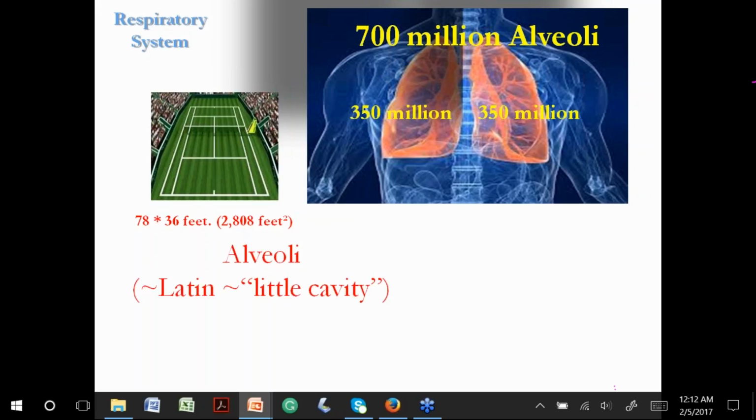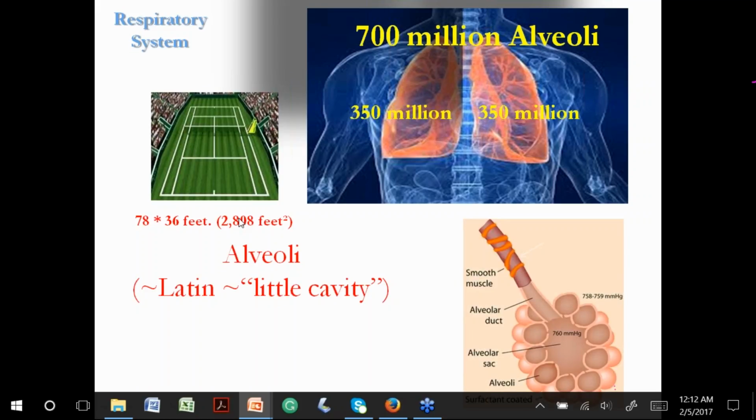Alveoli, in Latin, means little cavity, and the alveolus is the functional unit of the lung. The alveolar and the terminal bronchiole are what we call the acinus, the functional unit of the lung.